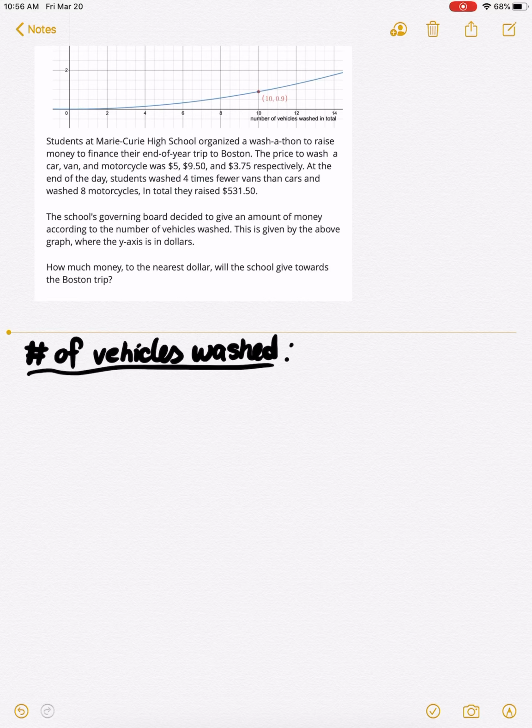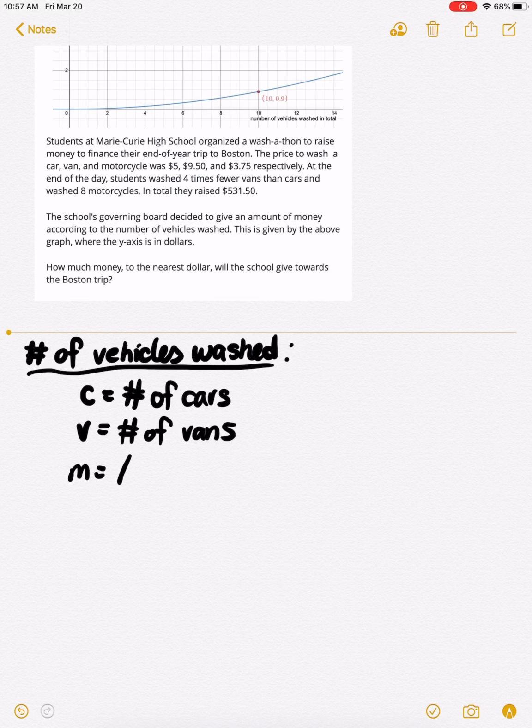We don't know the number of cars, so let C equal the number of cars, V equal the number of vans, and M equal the number of motorcycles. M doesn't really need to be a variable because we already know what it is, but let's do this for completeness. So the number of vehicles washed in total is going to be C plus V plus M.